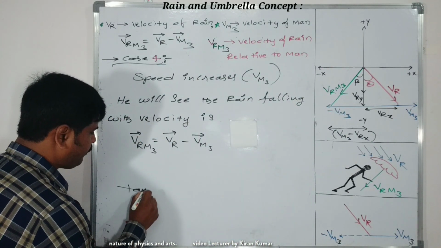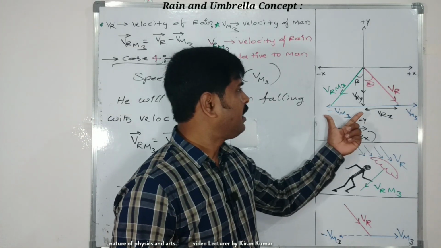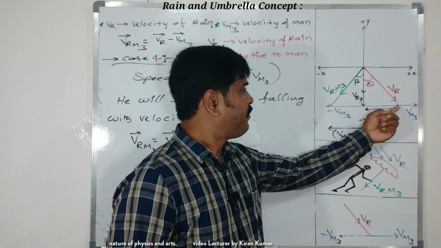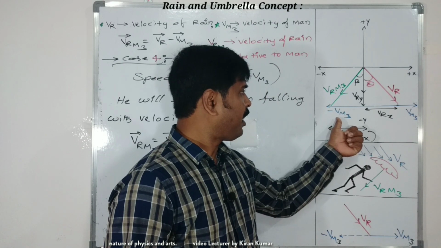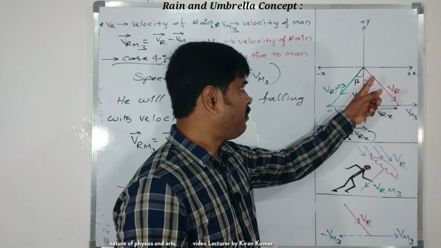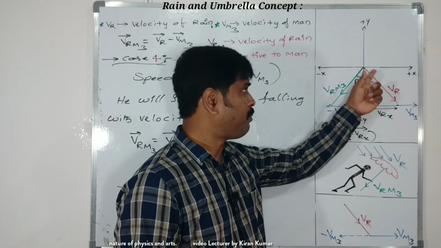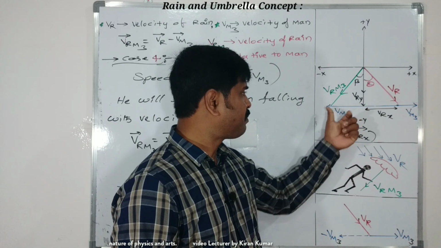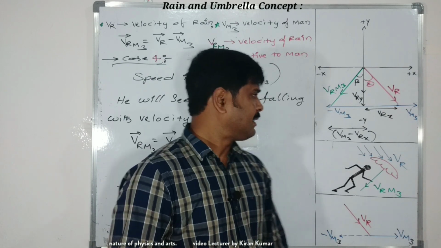So tan beta is equal to, try to understand this value: from this point to here represents Vm3, and we are resolving Vr into two components, Vrx and Vry. So this is Vrx, and the resultant value from here to this point is Vm3 minus Vrx.